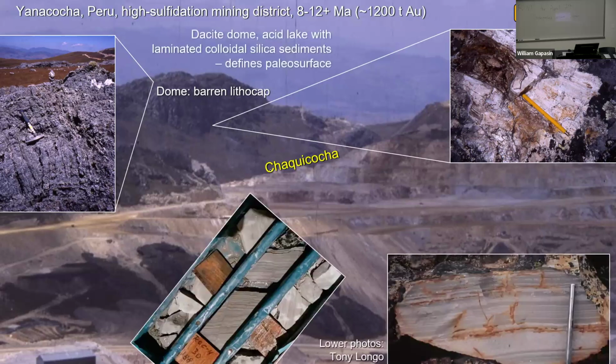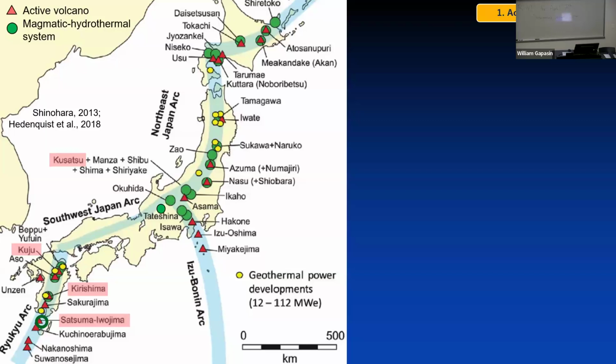And also in the district, Tony Longo, who toured me over here, subsequently found many examples of finely laminated siliceous sediments with some clastic material. You can see it also in drill core defining the paleo groundwater table. Okay, that was a bit of an example of some active systems and their analogs in the extinct environment.